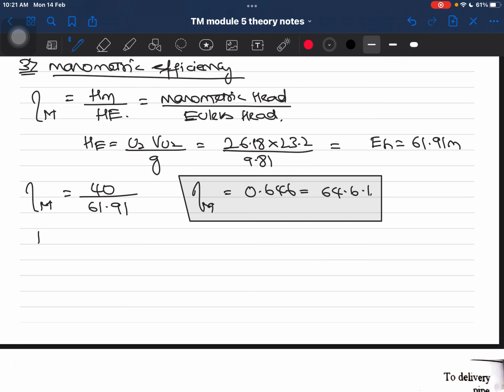So this ends the problem, but do not forget to write the result statement.